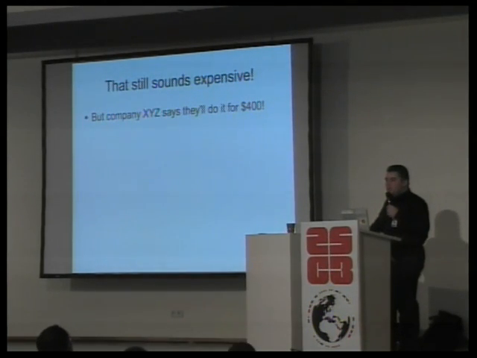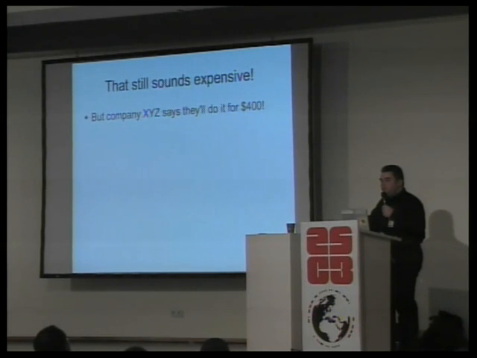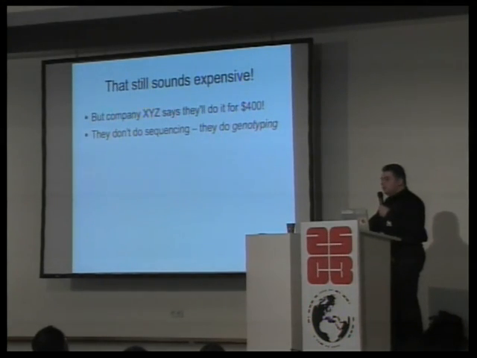But there were these companies like 23andMe, which is actually owned by some guy who also owns large parts of Google. And they said they'll do it for $500, $400, whatever. Because they don't do sequencing, they do another technology called genotyping.